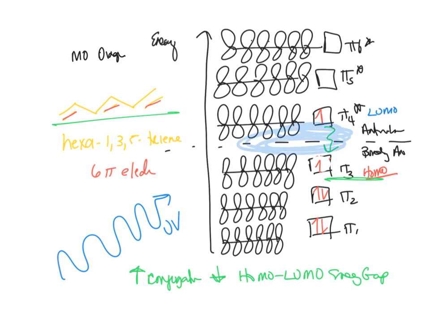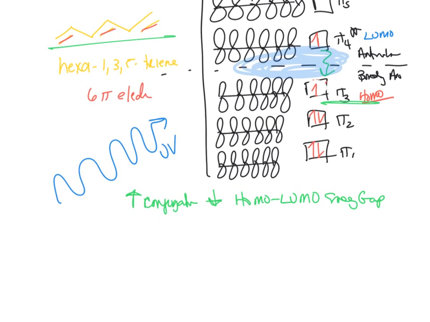So you're going to decrease this gap here. And by decreasing that gap, you can get different spectroscopy values.